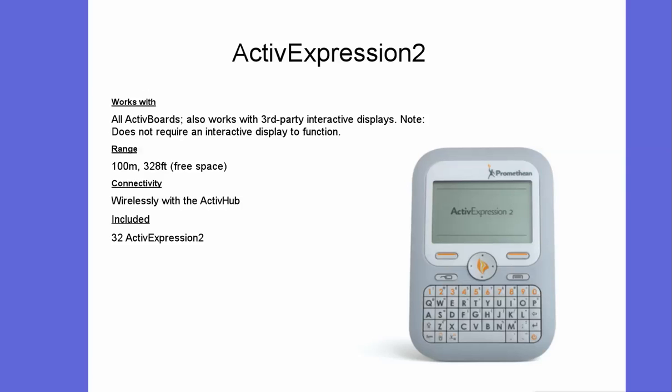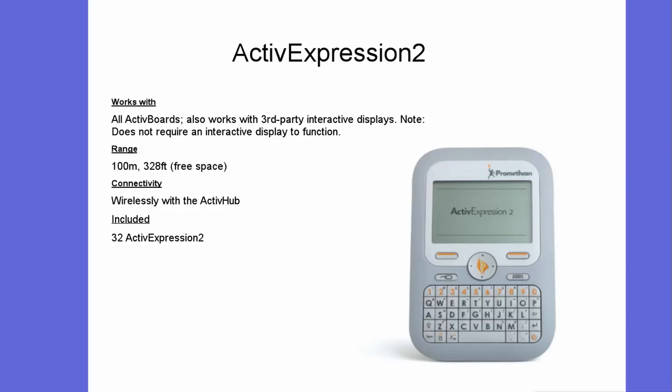You can use them up to 328 feet away from the board, or away from the Active Hub. They connect with the board with the Active Hub, which is a wireless USB that you will plug into the computer you are using. In our set, we have 32 Active Expression 2s to be used.